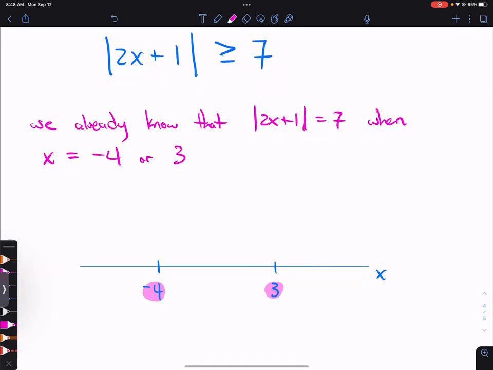To figure out where the thing on the left is bigger than the thing on the right, well, we've already seen what the graph looks like, right? V-shaped graph, it opens up. They only cross at these 2 points.